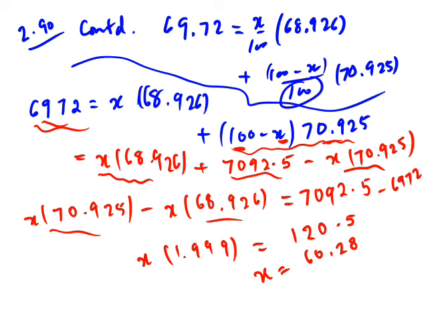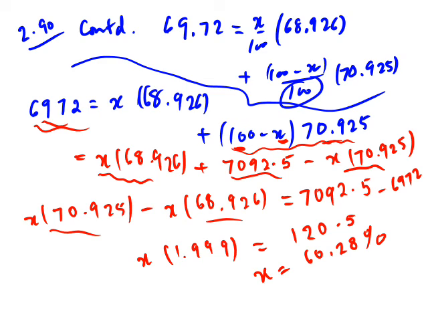Since this was our percentage, obviously this answer is directly going to give you the percentage. If you use fractions, that means if you don't divide by 100 to begin with, then you get a fractional quantity, and your answer would be 0.6028, and then you need to multiply by 100. The solution book has done it that way, but both would eventually give you the same answer.